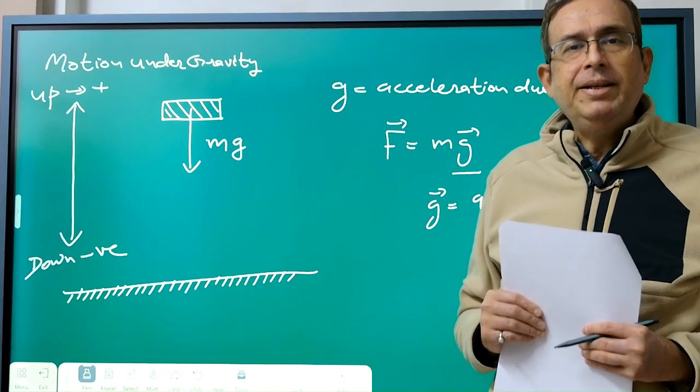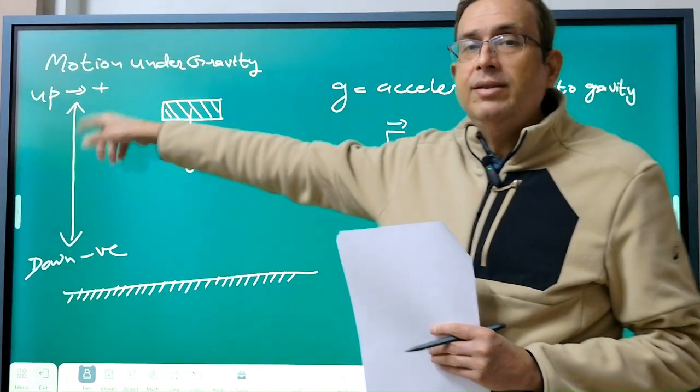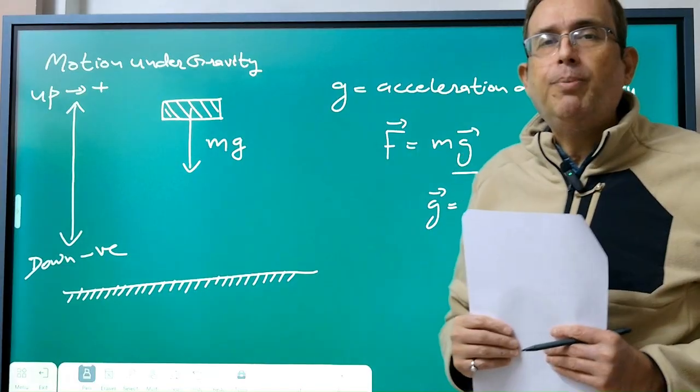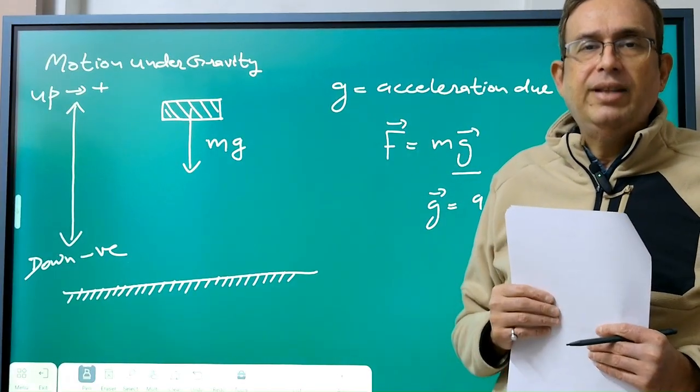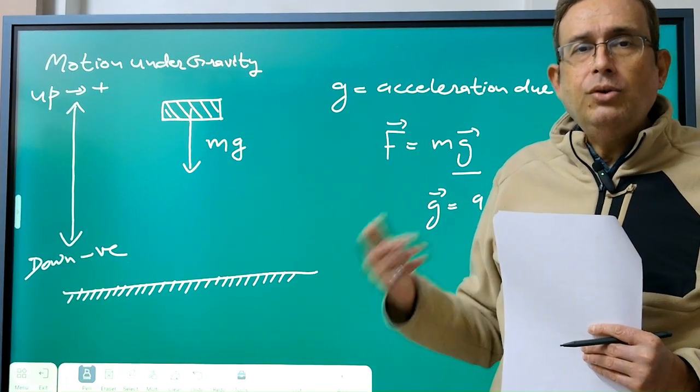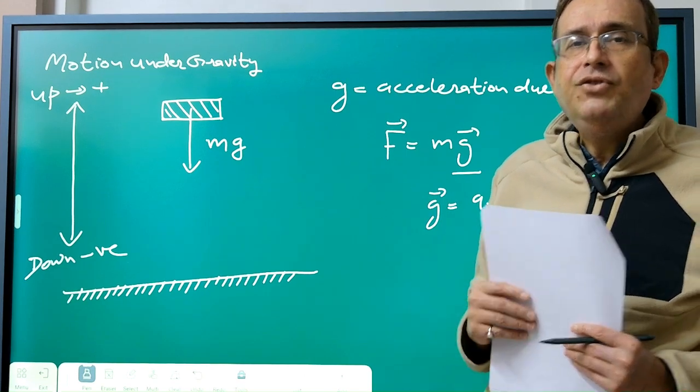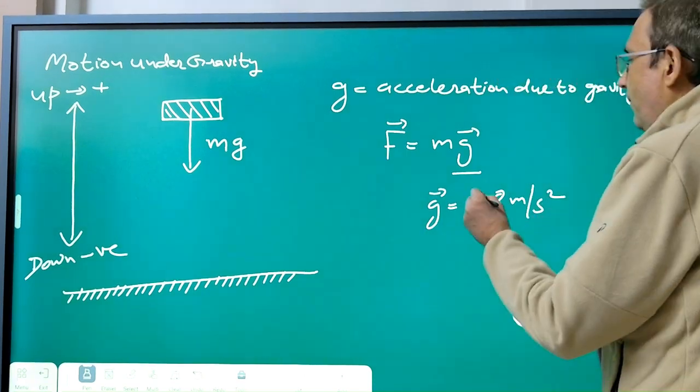So g would always be negative. You have to follow this sign convention that up is always positive and down is always negative. According to this sign convention, the value of g is going to be negative.